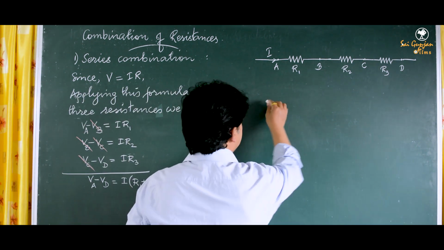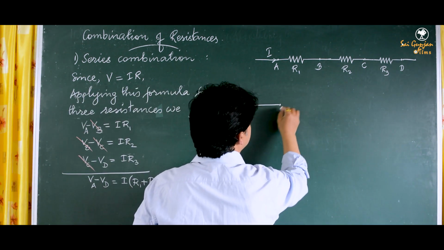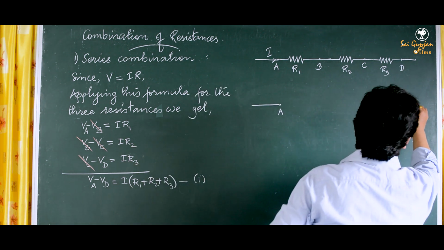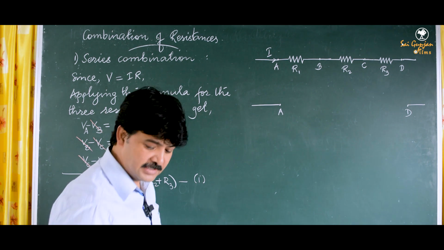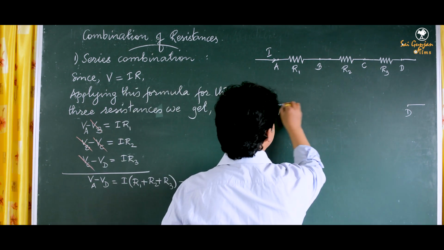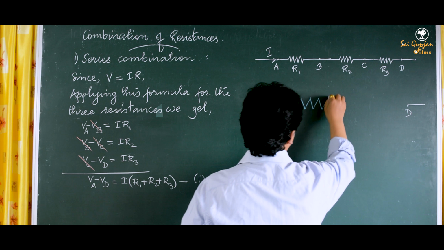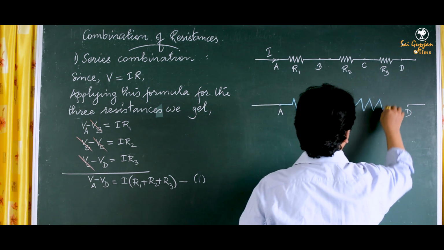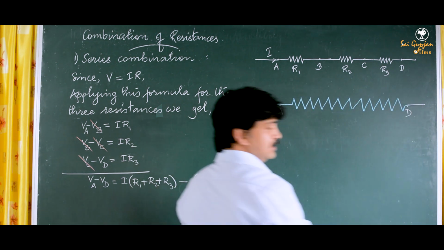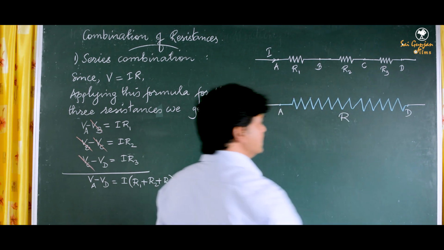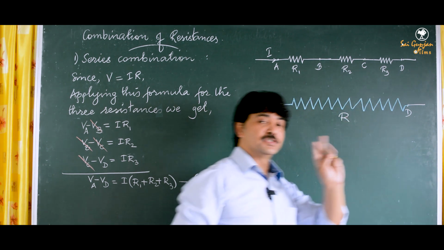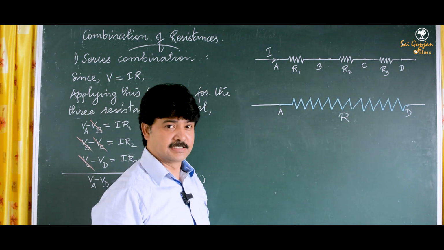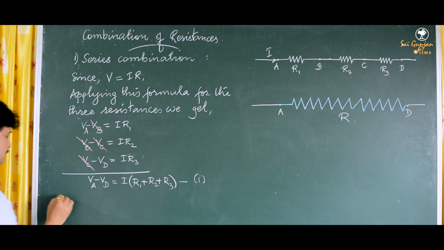Now, let's imagine that in between the points A and D we have a single resistance whose value is R. So this R is equivalent to the three resistances.